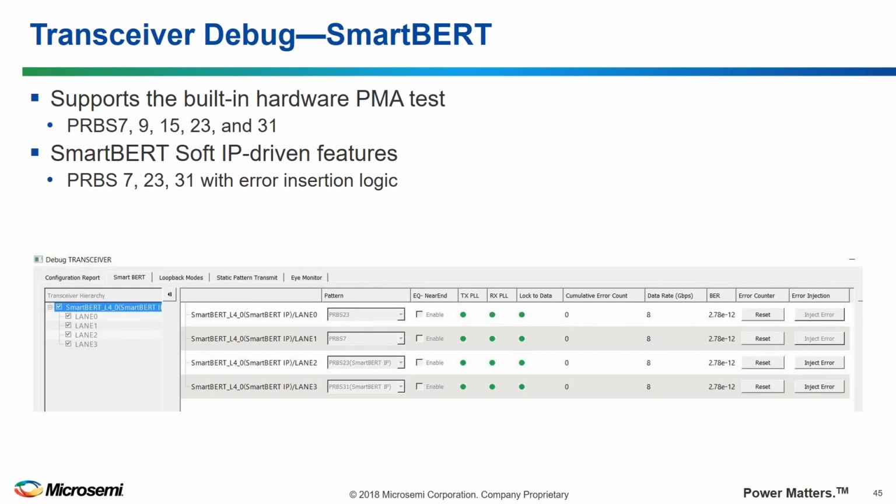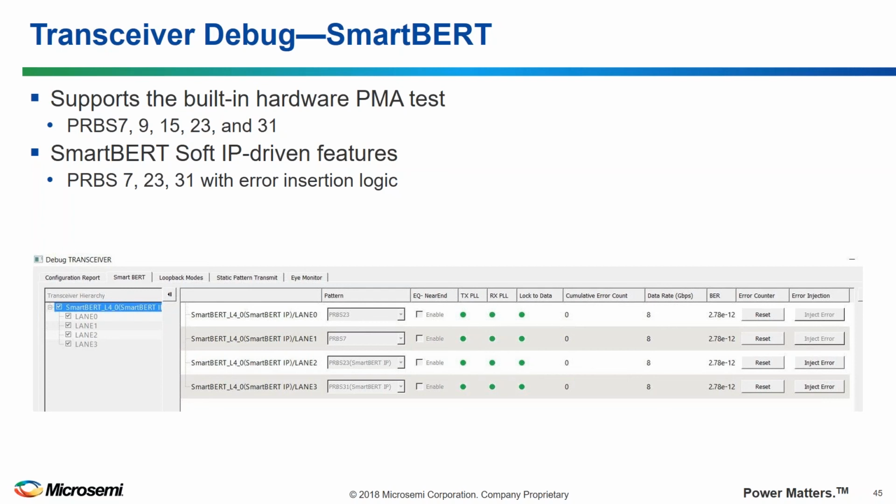And then finally, we have built into SmartDebug tools that let you debug the SerDes blocks. The SerDes blocks themselves have some built-in hardware in the physical media attachment layer. We can do PRBS 7, 9, 15, 23, and 31 tests.